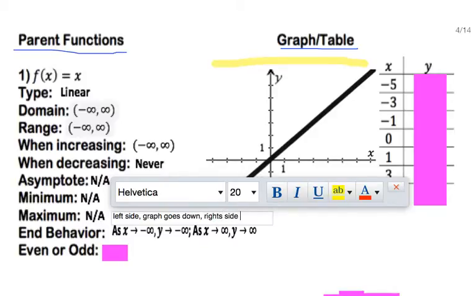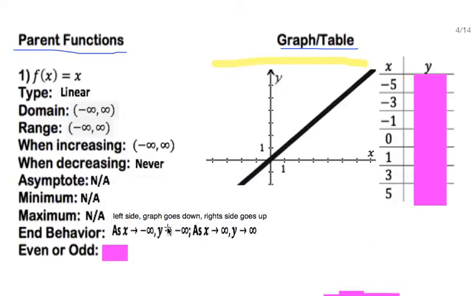And y is approaching positive infinity, so that just means that the right side goes up. Okay? So if it helps you, if you really don't understand what all of this math shorthand means, go ahead and write it down, and then either right above it or right below it or wherever you can fit it in, just write the left side goes down, the right side goes up. Okay?